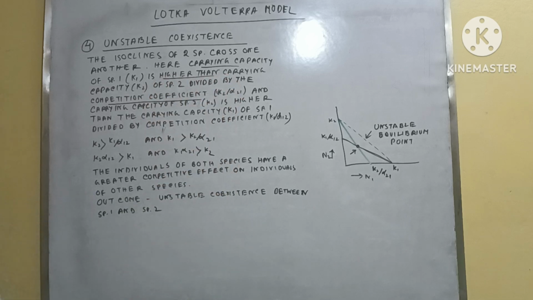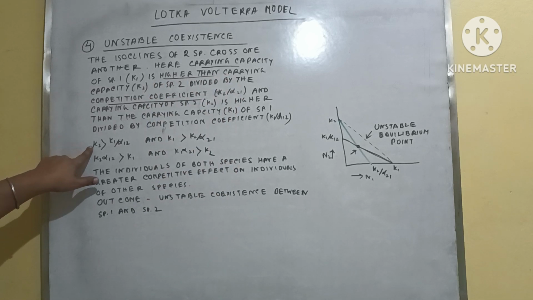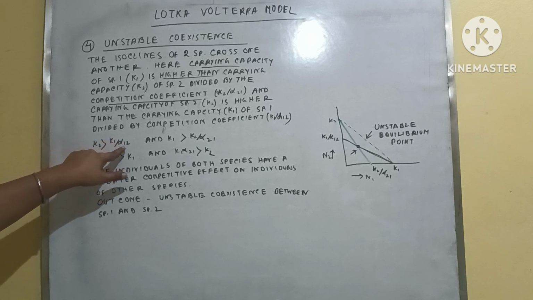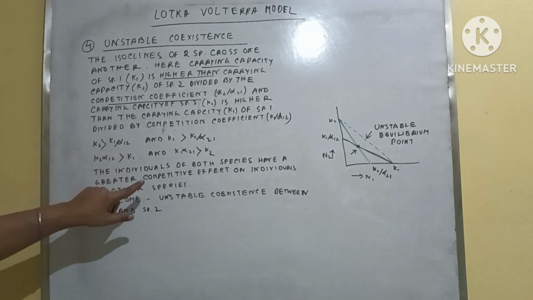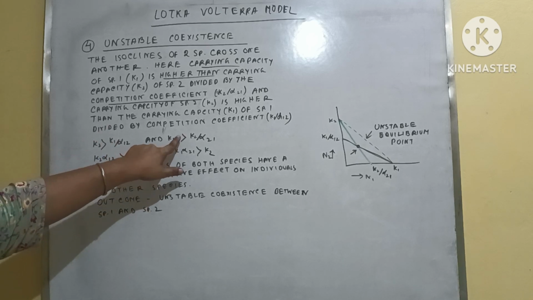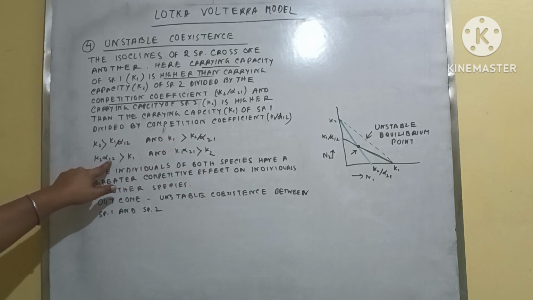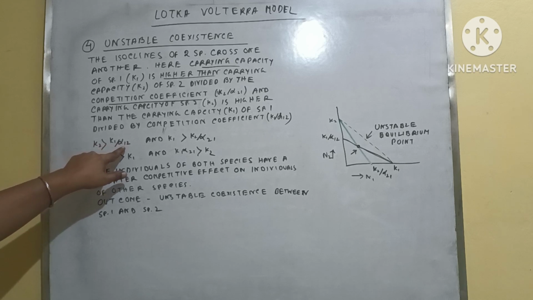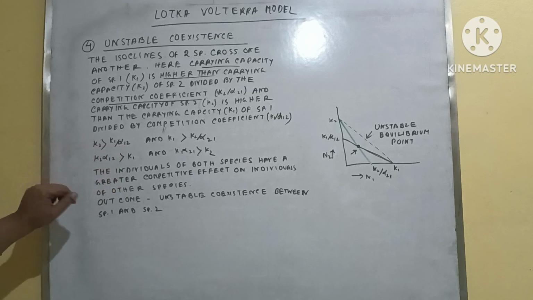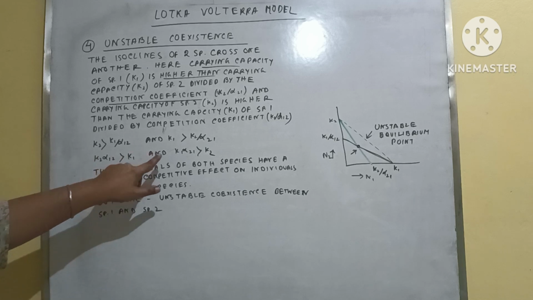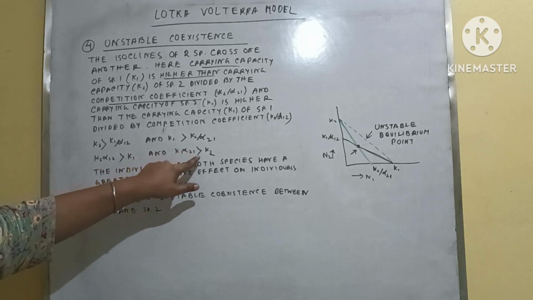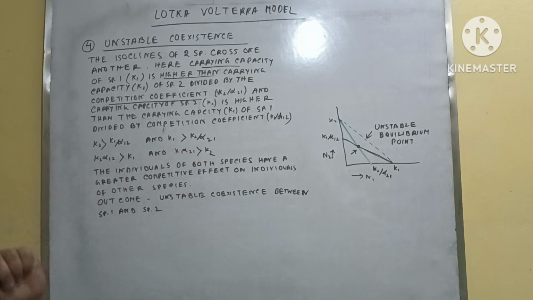Okay. So in the case of species 2, K2 is greater than K1 by alpha 1 2, this is the coefficient, or K1 is greater than K2 by alpha 2 1. If we rearrange this, with just cross multiplication, K2 alpha 1 2 is greater than K1, or K1 alpha 2 1 is greater than K2.